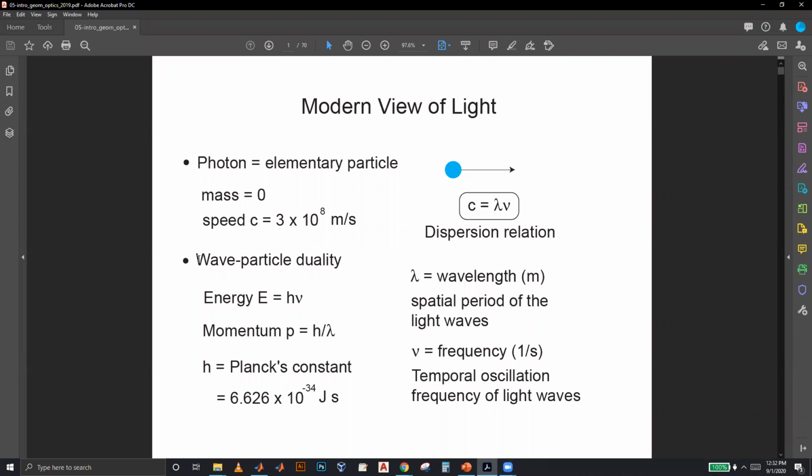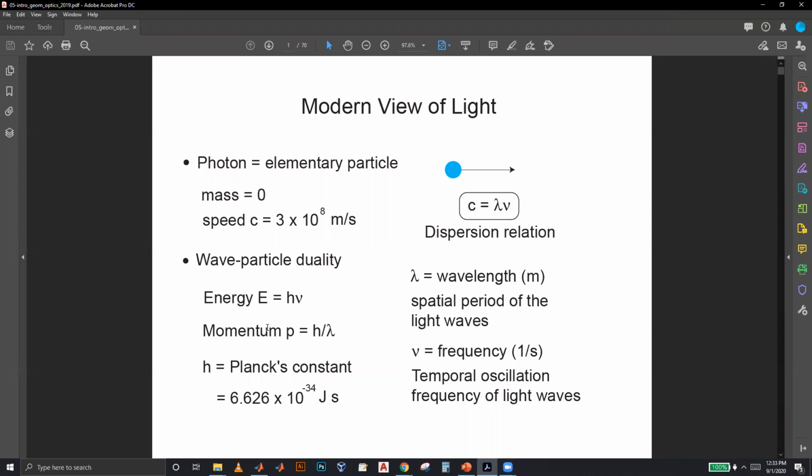Light can also be thought of as a wave, which gives us the wave-particle duality, and any wave has an energy associated with it, which is given by Planck's constant times the frequency. Can you also see my mouse cursor as I point to things? Okay, yeah.